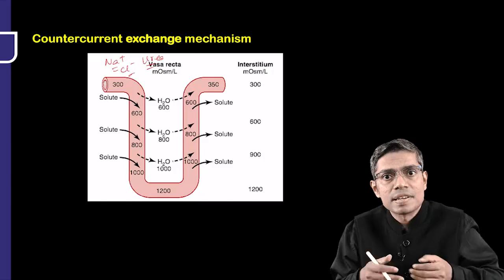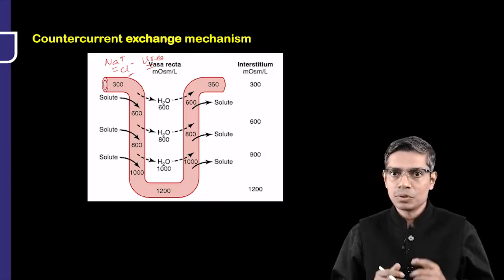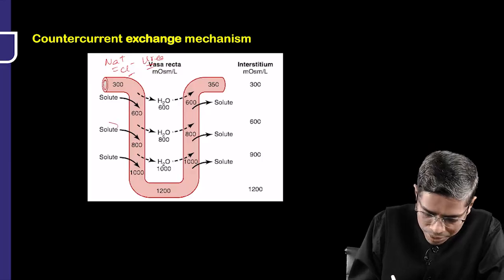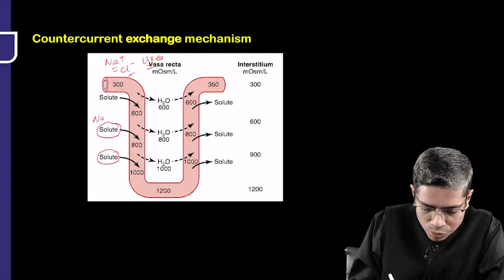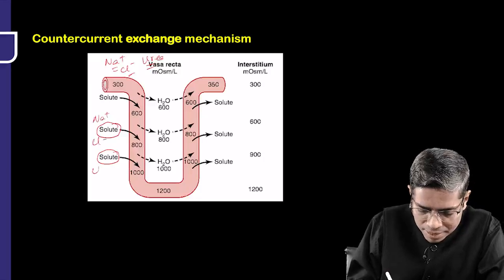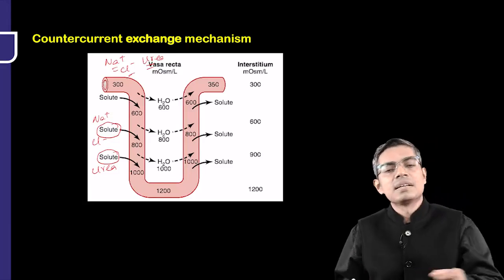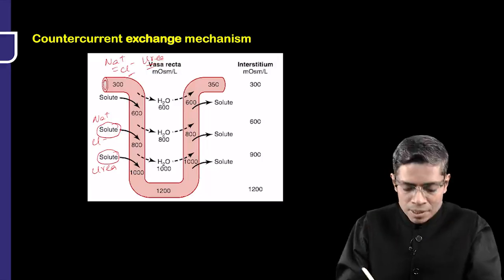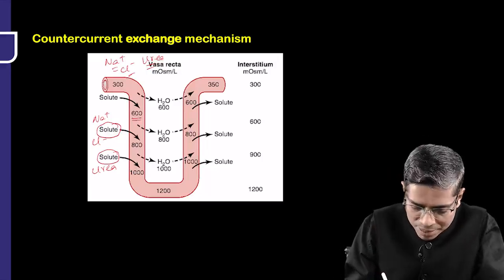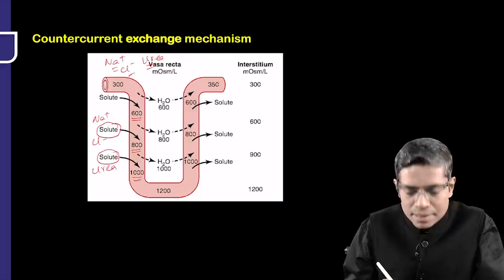What capillary blood? Vasa recta, that is the capillary blood. So this solute that you have reabsorbed from the TAL and ATS, that is the sodium, the chloride, the urea, ultimately this solute will be reabsorbed into the capillary blood, that is the vasa recta blood.